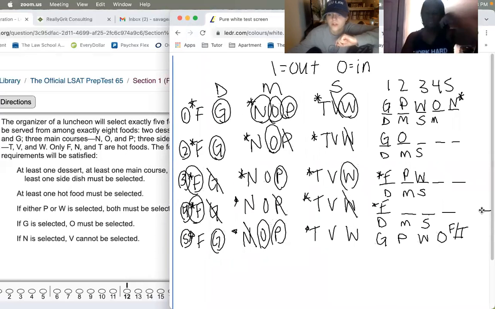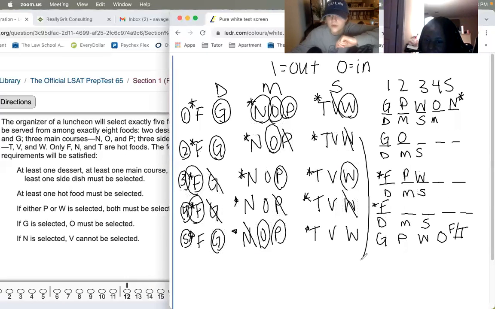Okay, let's move on to world number 2. Tell me what to do. With the N selected, V cannot be. Okay. Yeah. Make a duplicate, because we don't know where N is, right? Right.